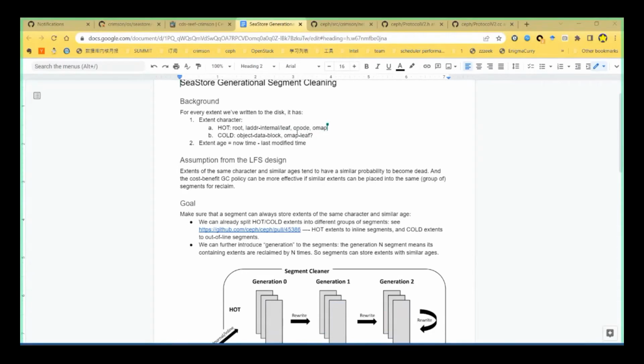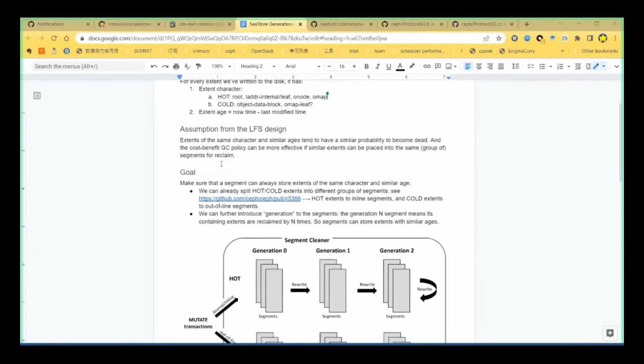They are metadata, so they tend to be hot, and they can be cold, like the object data block or OMAP leaf. And every extent written to a disk has an age that can be calculated by the current time minus the last modification time. So every extent has character and age.